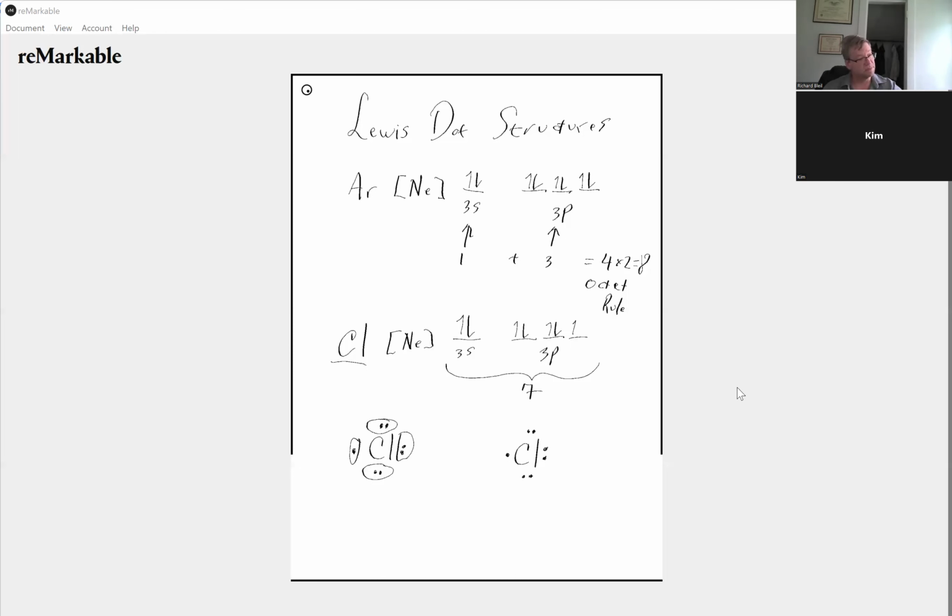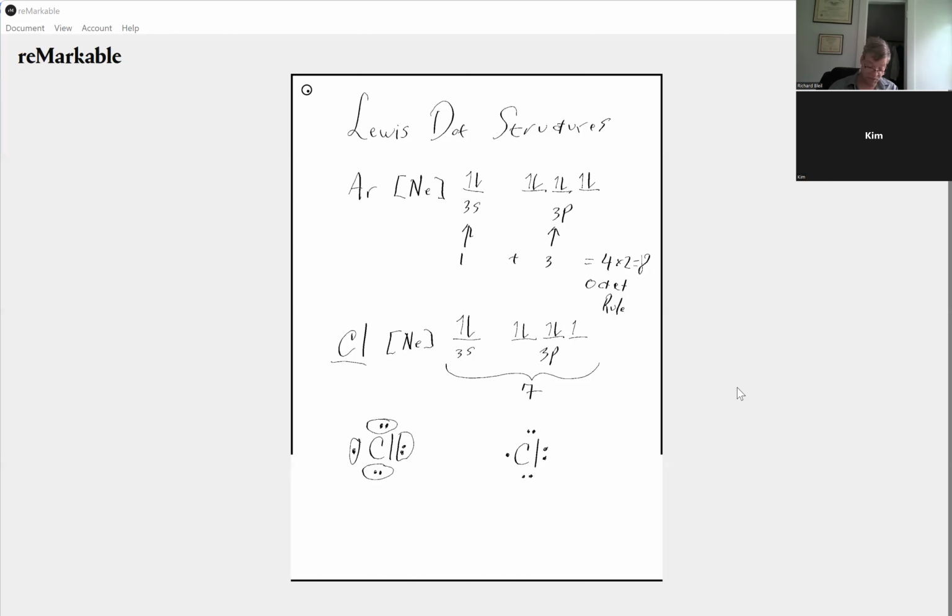Usually you ignore the transition metal electrons, you ignore the d and the f orbitals altogether anytime you do Lewis dot structures. Just ignore them. That's because we're working really with that old octet rule.